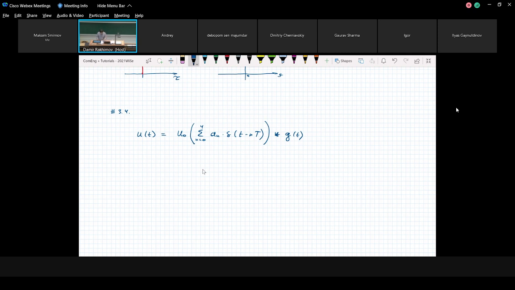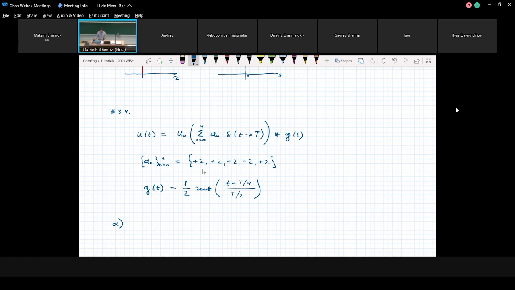We say that this sequence of symbols a_n has elements plus 2, plus 2, minus 2, and plus 2. It's our alphabet. We also say that g of t, the pulse shape function, equals 1 over 2 times the rectangular function of (t minus T over 4) divided by T over 2.